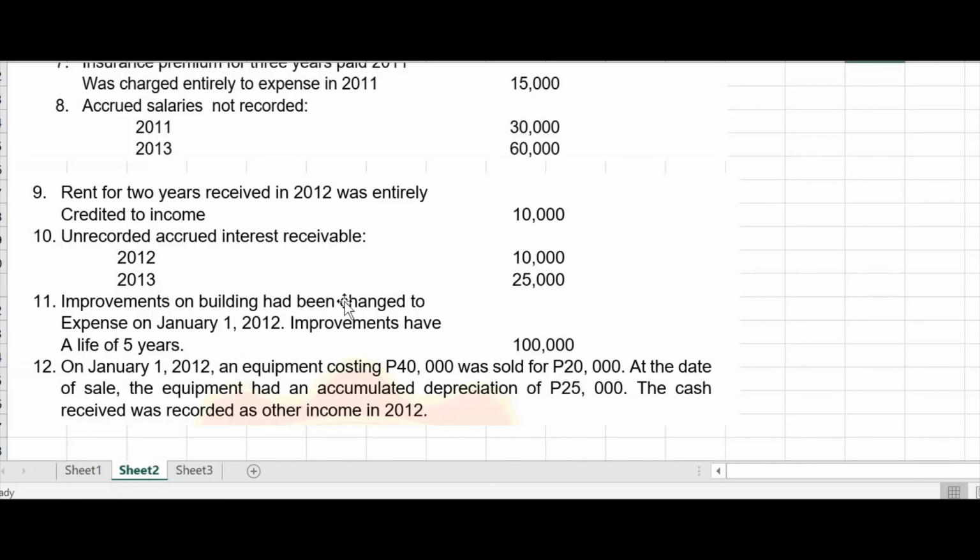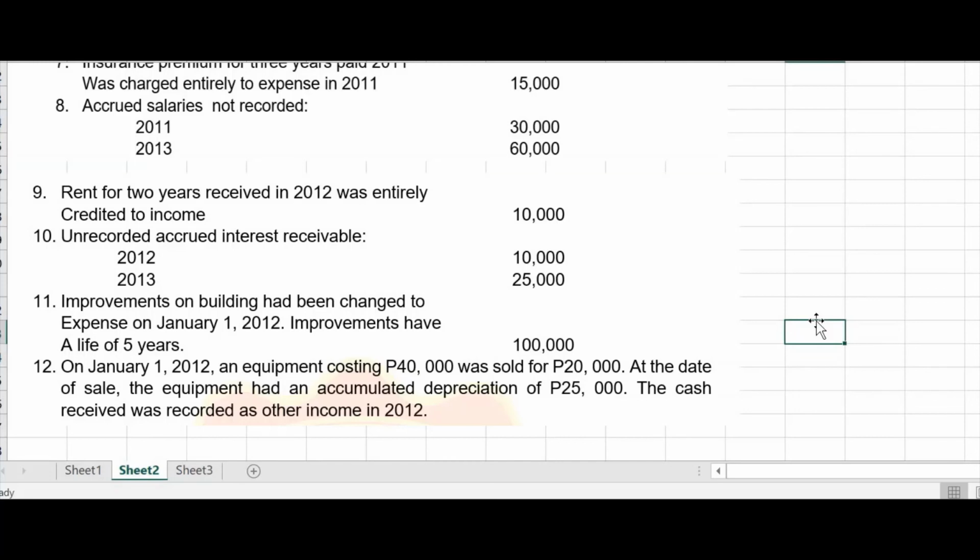So, ano yung effect ng error? So, yung error, diba, for 2012, dapat na-expense mo kasi siya, no? at 100,000, pero it should have been debited to building kasi improvements ito sa building, no?